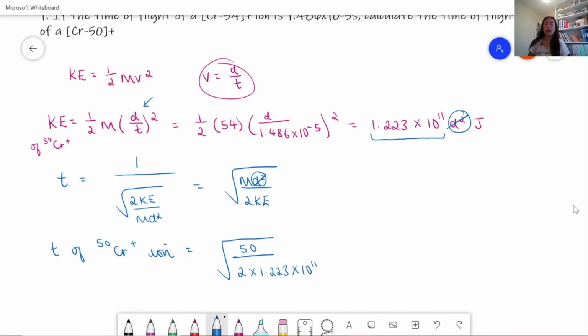But of course you type your whole number into the calculator and not just this shortened, rounded version. And so this gives us 1.430 times 10 to the minus 5 seconds.